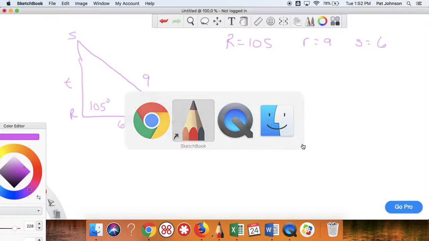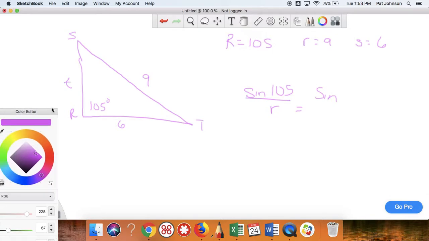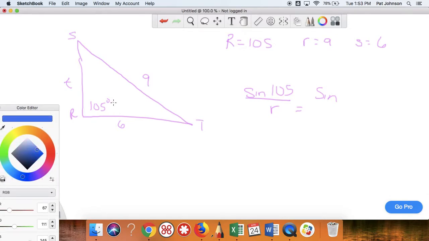So we can solve using law of sines. So we can say sine of 105 divided by r is equal to sine. So now they want us to solve, since we know we have one solution, so we're missing what? We need angle S, we need angle T, and we need little t.